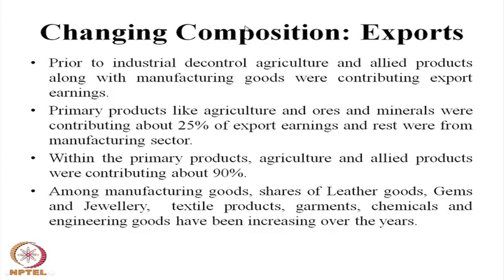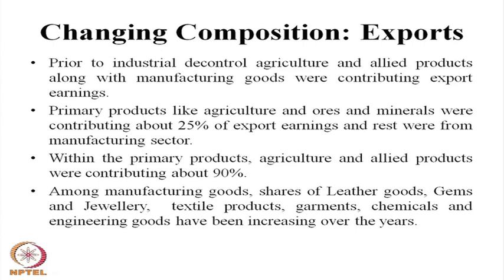After the changing composition of export, if you see, prior to industrial decontrol, agriculture and allied products constituted a significant part of our export basket. After the liberalization, the manufacturing sector now constitutes more of the export basket.